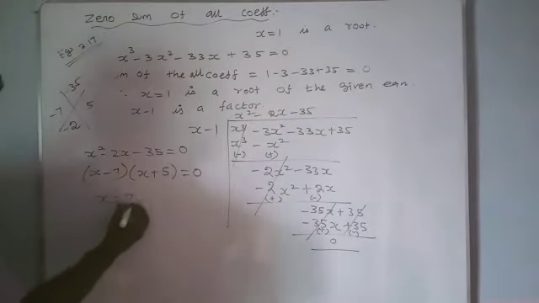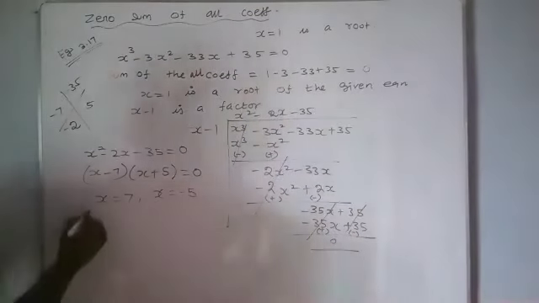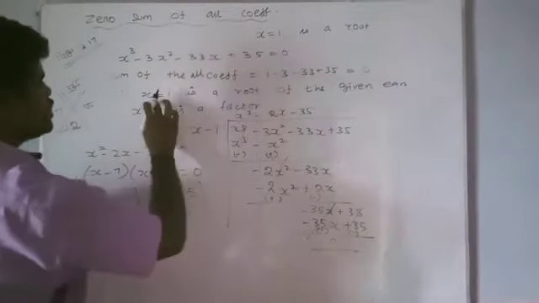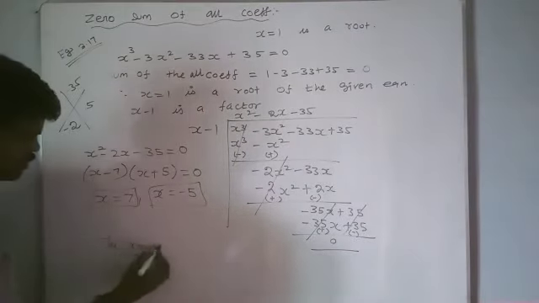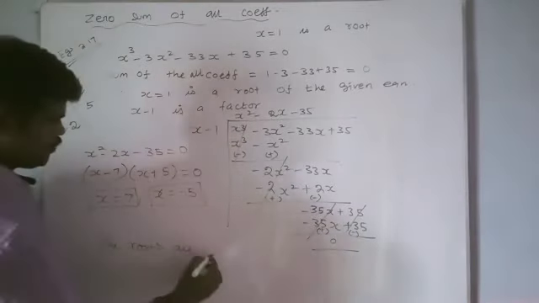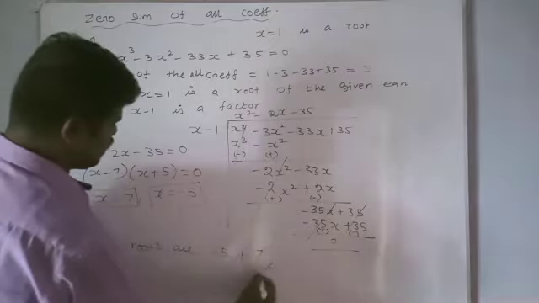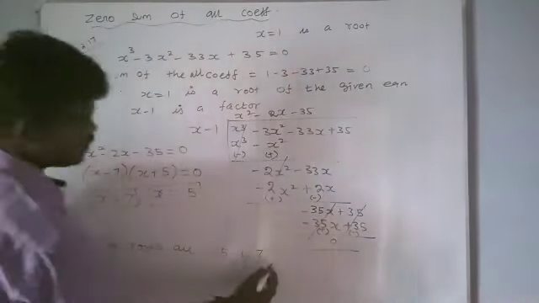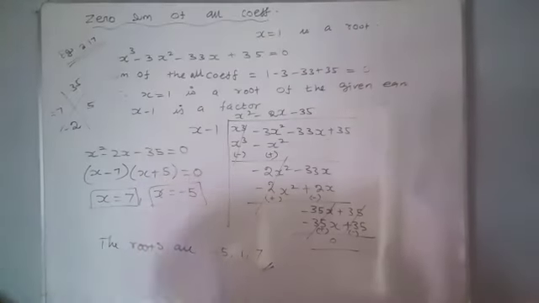Therefore x is equal to 7 and x is equal to minus 5. So totally here 2 roots. Already we have x equal to 1 as a root. Therefore the roots are minus 5, 1, 7. So these are the roots of the given equation.